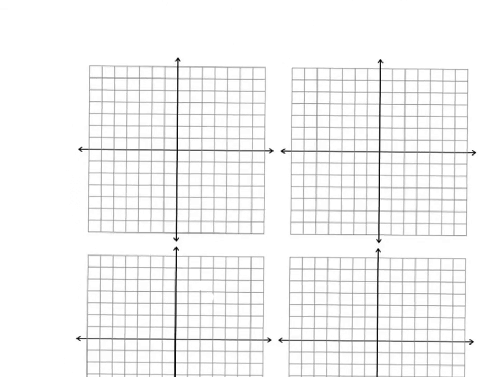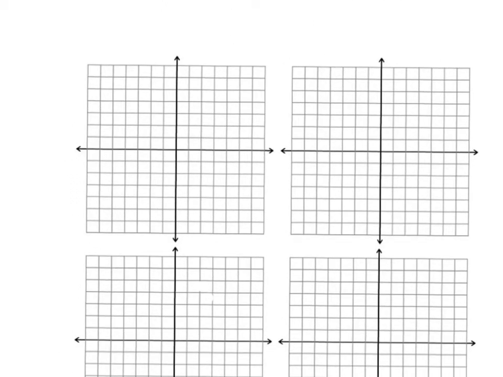If I had a right triangle, and let's make that right triangle decently sized here. And there was another right triangle, but it looks like that right triangle might have just been reflected over a line or moved a little bit.